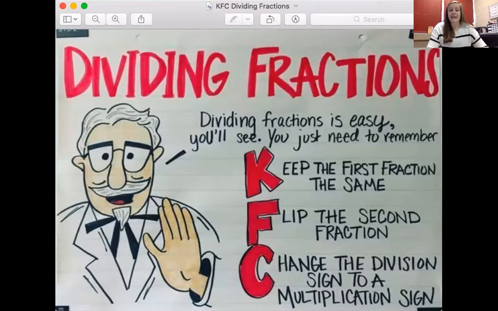This just means keep, flip, change. When you divide fractions, it's really not as hard as it may seem. You just have to remember KFC. You're going to keep the first number in your equation the same. You will flip the second fraction, and you're going to change the division sign to a multiplication sign.